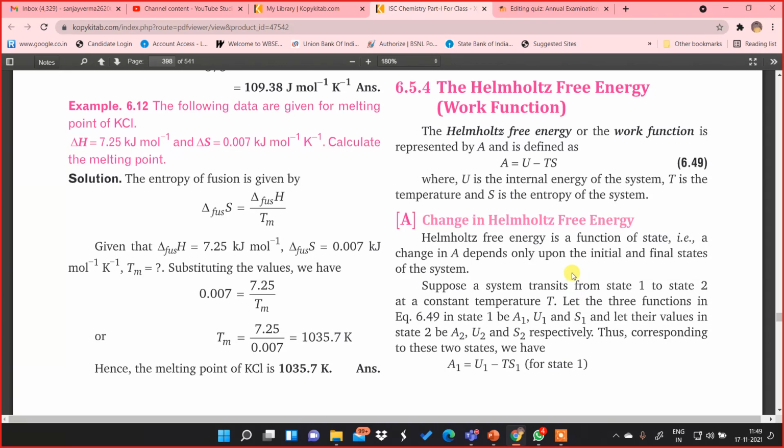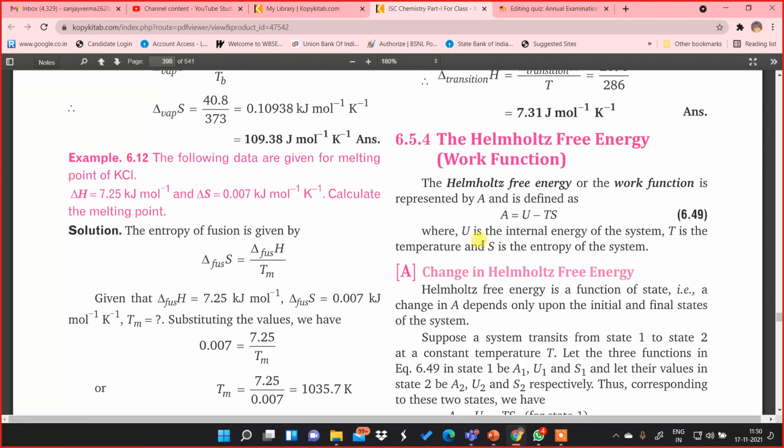It is named after the person Helmholtz, the Helmholtz free energy. It is also known as work function, and it is represented by capital A.